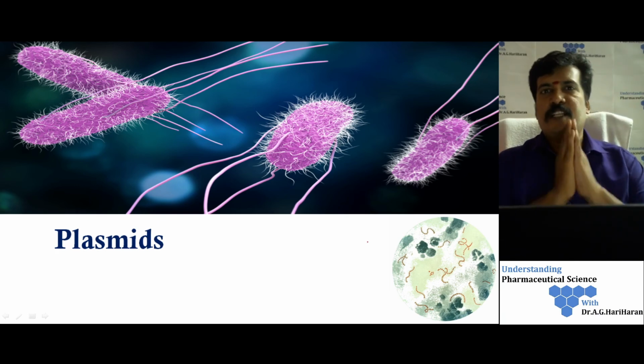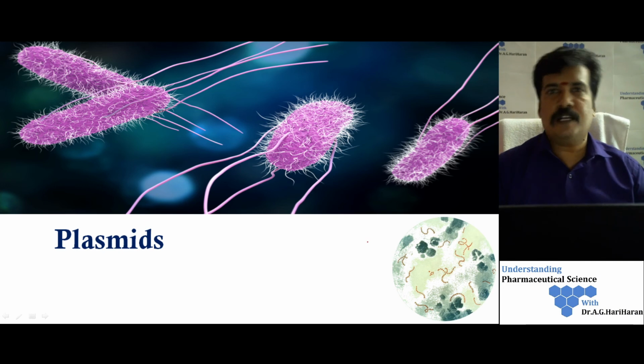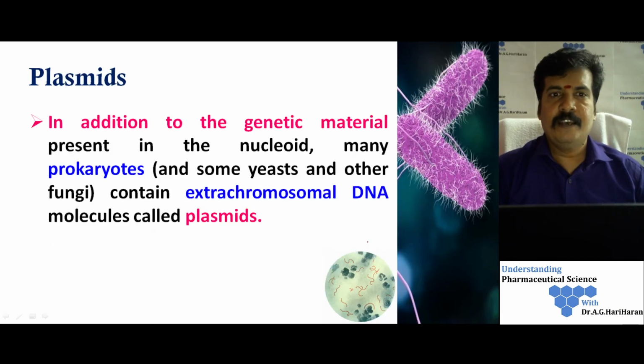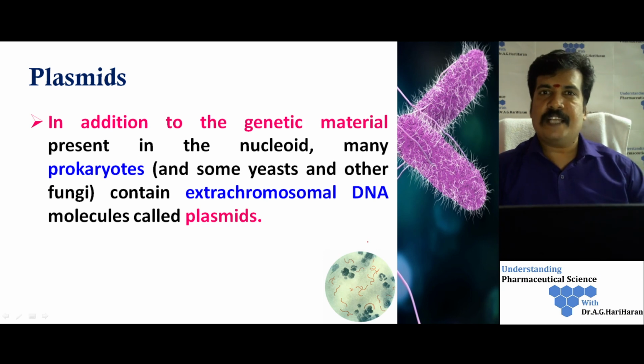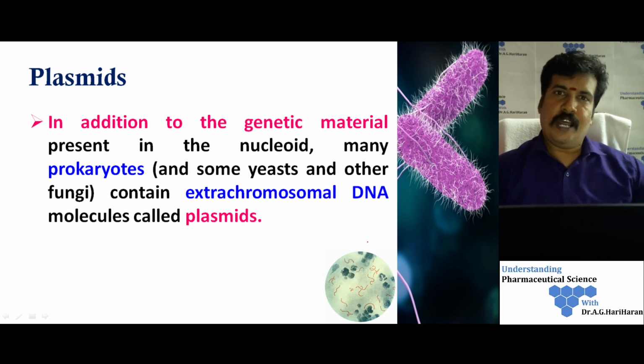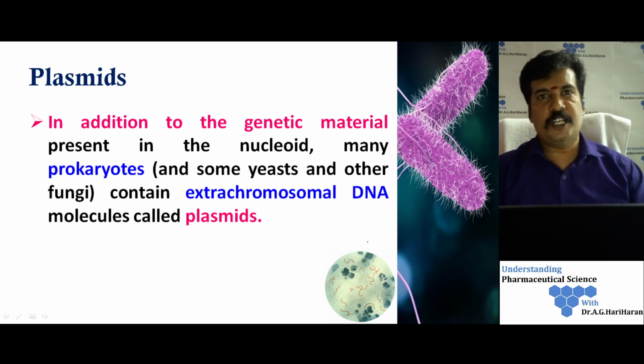Another genetic material which is largely present in some kinds of bacteria we call a plasmid. The plasmid is an extra chromosomal DNA present in a bacterium. So in addition to the normal genetic material, certain prokaryotes carry an additional genetic material.